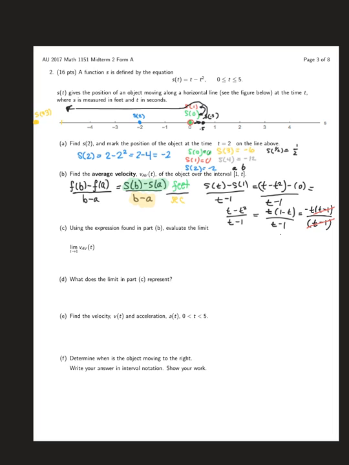And my average velocity is negative t. So the average velocity over the interval 1 to t is just negative t. I imagine if you were to leave your final answer in this form, that would also be acceptable. I really just enjoy simplifying when possible.